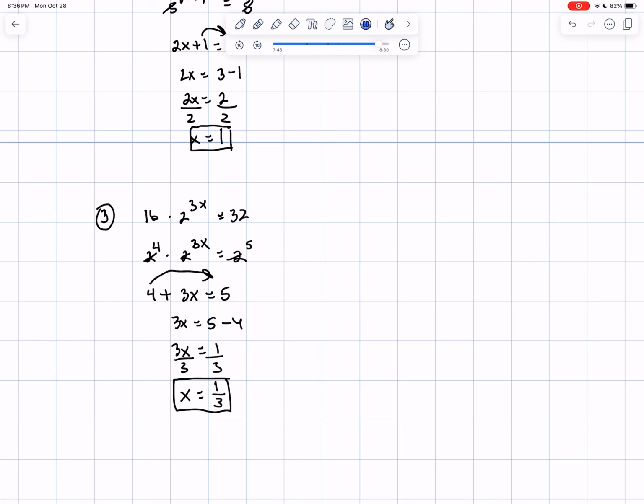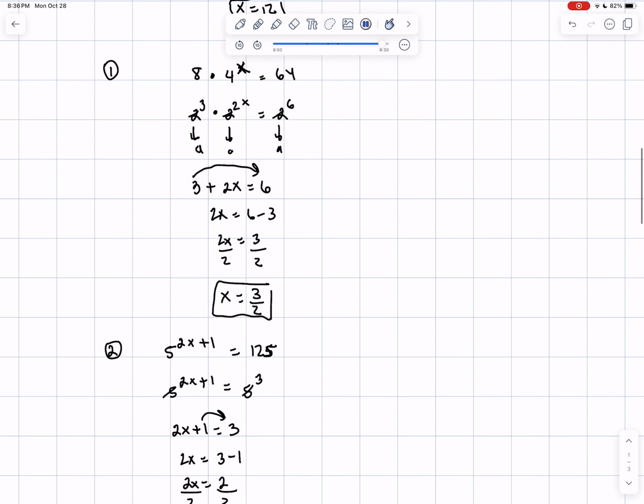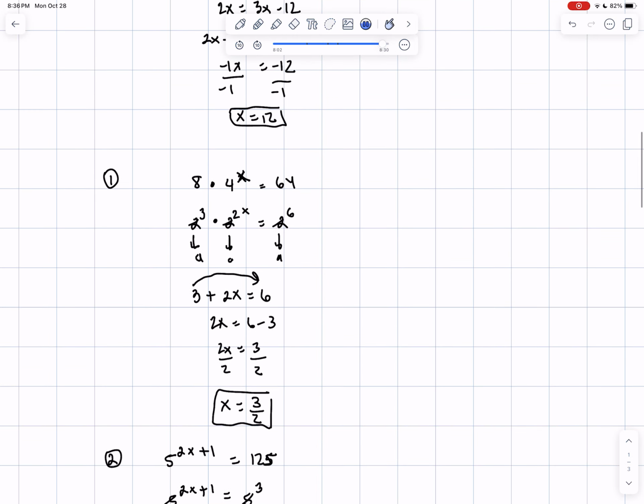So this is how you will complete every single problem like this. An additional step that you can do for each of these problems is to go back and check your solution. You'll put what you find for x into the x position in the original equation, and then see if it works.